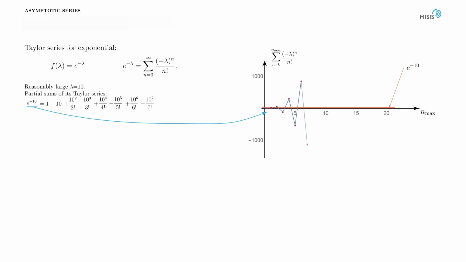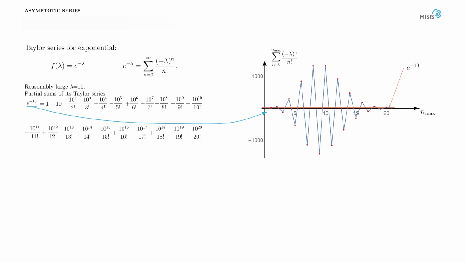After 7 steps we reach 1000 as the value of the partial sum, and it still grows. At the 10th step it reaches approximately 1300, which is the maximum value before it starts converging toward the real value of the function. But it takes 20 terms to get the answer with reasonable accuracy.